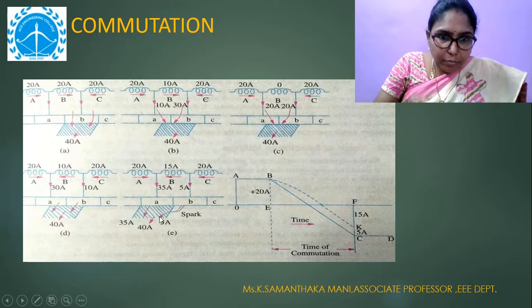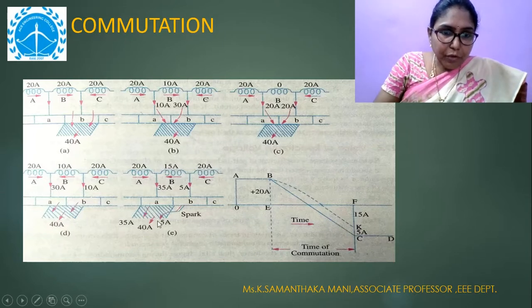But here if you observe, we can understand one point. Coil A is supplying 20 amperes, no doubt. But what about coil B? It is not supplying all 20 amperes, but only 15 amperes in the direction.